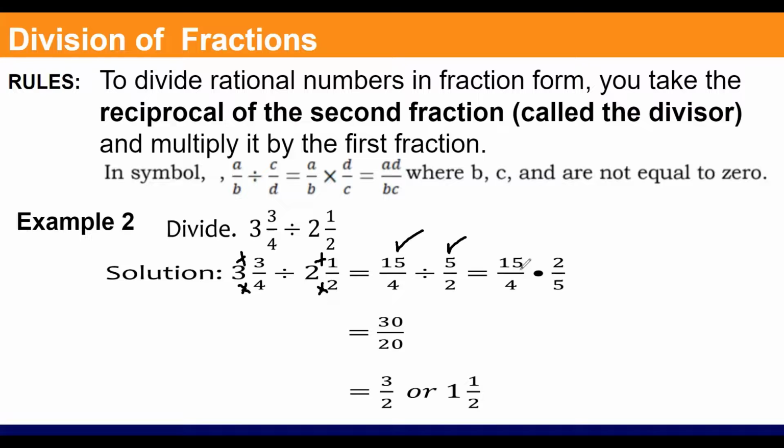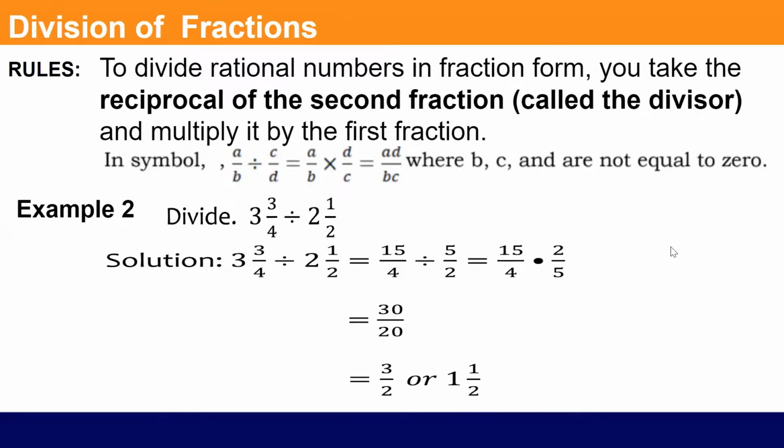Now, so, copy uli yung 15 over 4, yung first fraction, and then multiply po sila ng reciprocal ni 5 over 2, which is 2/5. Okay? Now, so multiply the numerators. 15 times 2 is 30, and 4 times 5 is 20. Okay, next, get the lowest term. So, 30 over 20, it becomes 3/2 or 1 and 1/2.